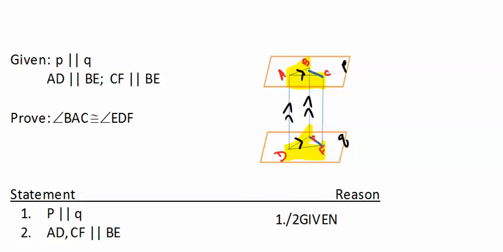But again, why does that help us? Well, if we remember what some of the properties of parallelograms are, we know that parallelograms have pairs of opposite congruent sides. So not only can we say that AB and DE are parallel, but we can also establish that they are now congruent.